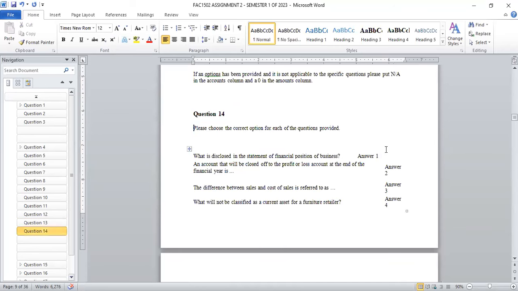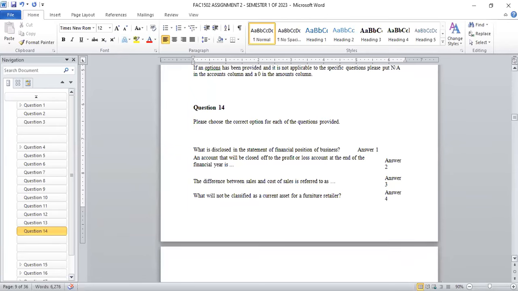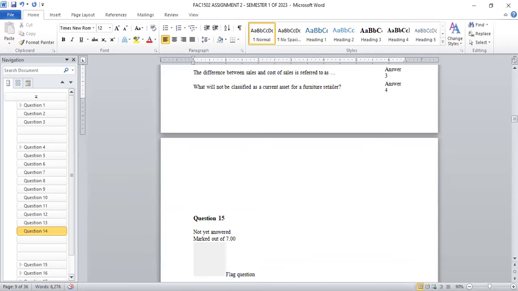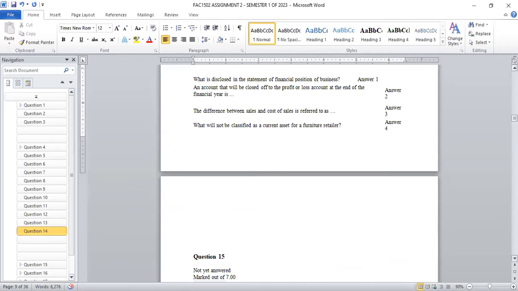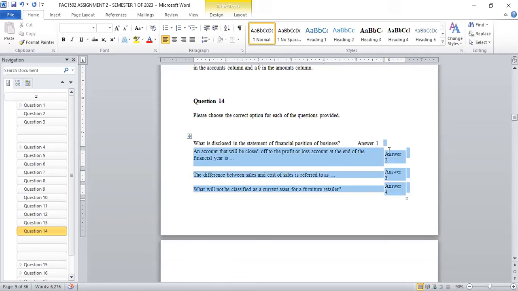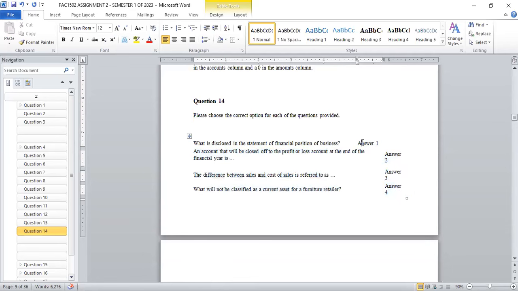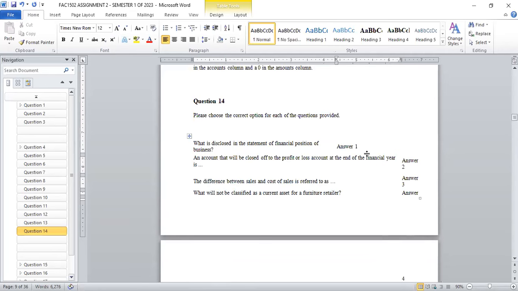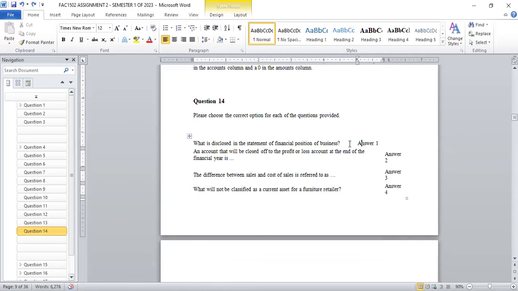Right. On number 14, you are given various options. Right. So you should know that on this first one, what is disclosed in the statement of financial position?